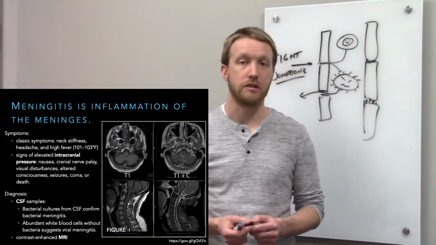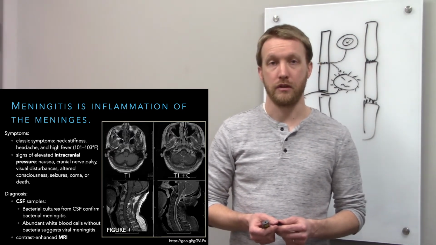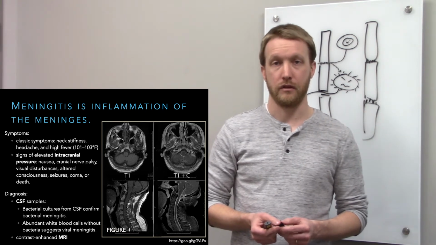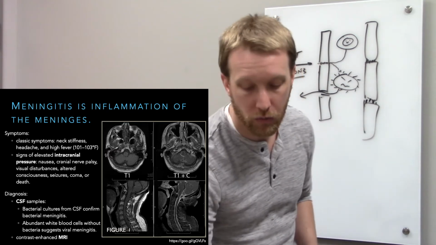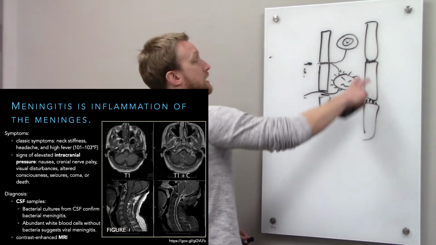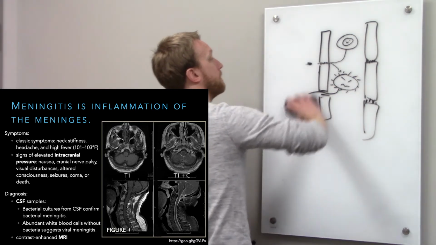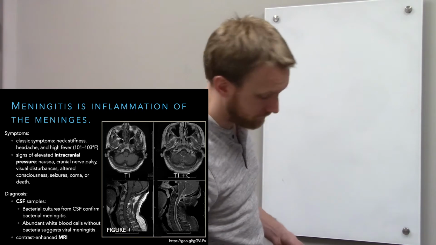As far as diagnosis goes, taking a CSF sample is the gold standard. If we want to say you have an infection in your central nervous system, we're going to pull out a little bit of CSF. We want to see if anything nasty got out of the blood and into the brain or meninges.